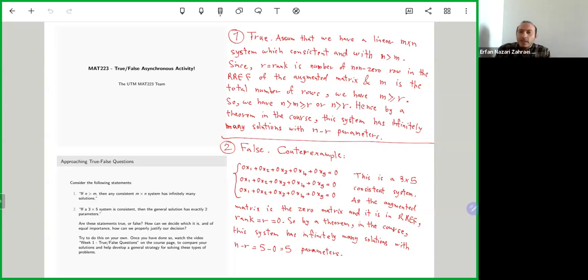So you can create a counterexample to disprove this and show that it's false. So that's the general idea of a true false question.